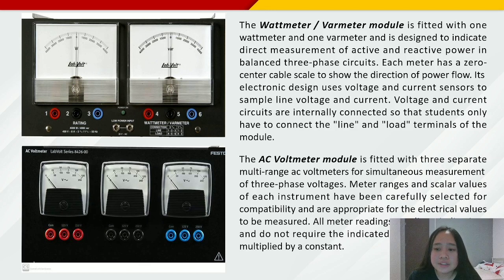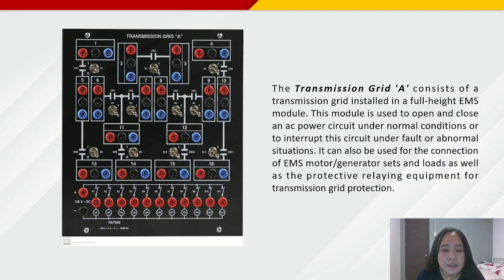Meter ranges and scalar values of each instrument have been carefully selected for compatibility and are appropriate for the electrical values to be measured. All meter readings are direct indication and do not require the indicated value to be mentally multiplied by a constant.